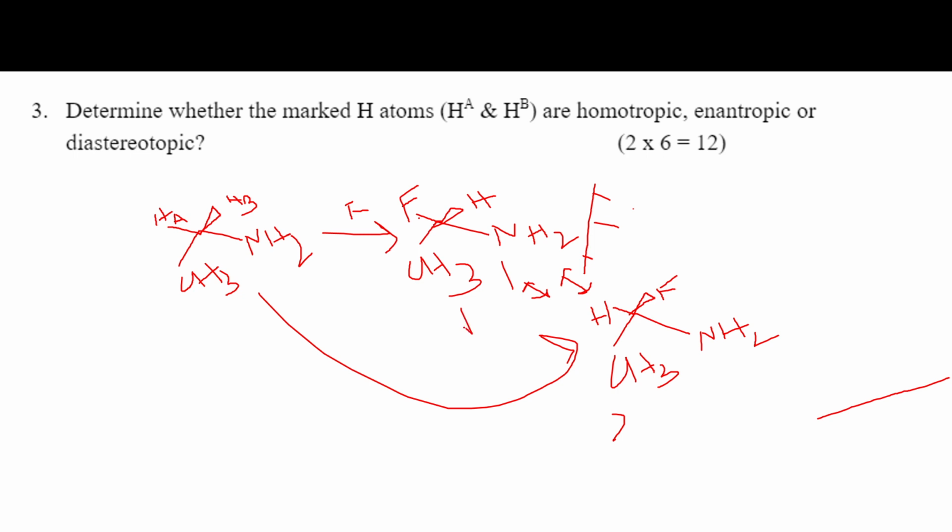If one is R, then the other will be S. So if one is R and the other is S, then the relation between HA and HB is enantiotopic.